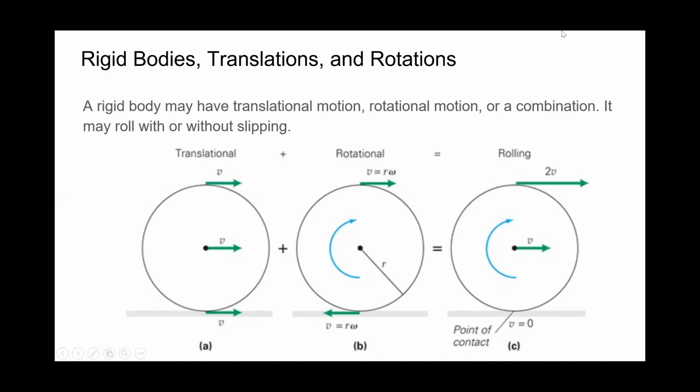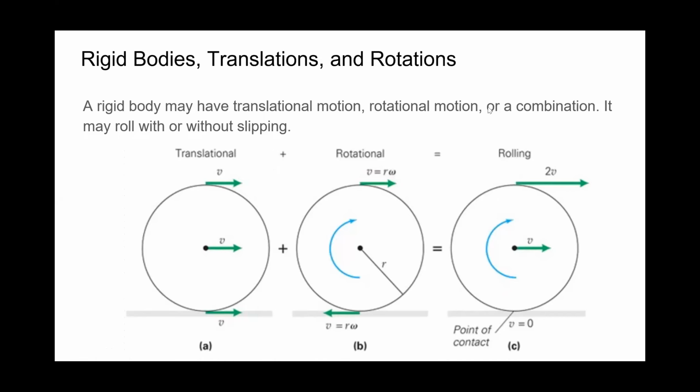Now let's talk about rigid bodies, translations, and rotations. A rigid body can have translational motion or rotational motion. Here we have translational motion. It goes in the right hand direction, and it can have rotational motion, like in the second picture.